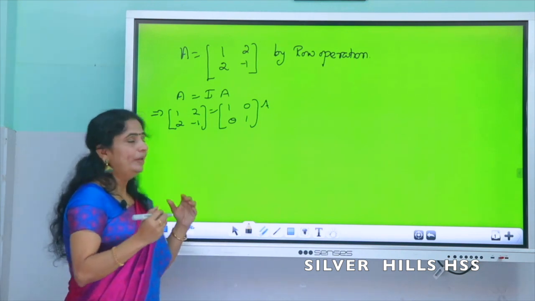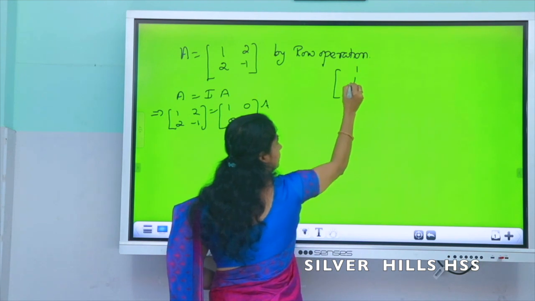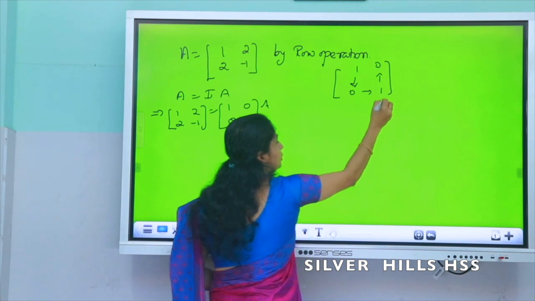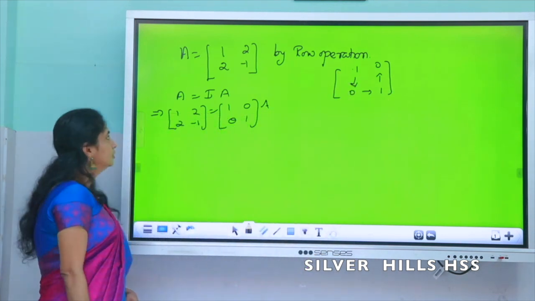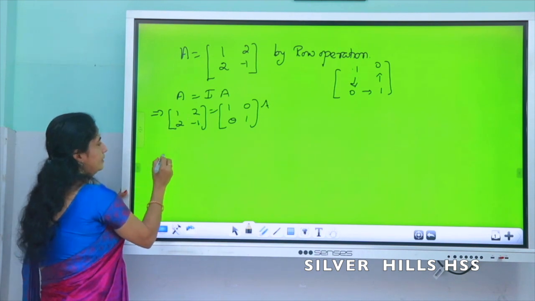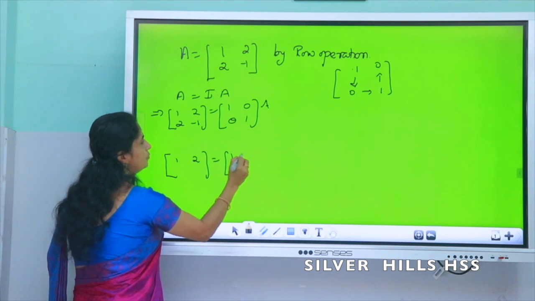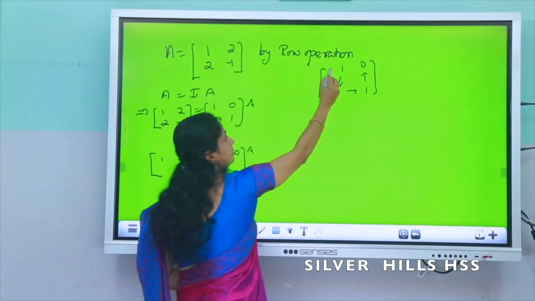So, we have to bring the identity matrix in the form of 1, 0, 0, 1. Remember the U shape. So, we need 1 in this position. So, 1 is already there. So, we need not make any change in the first row because 1 is already there.